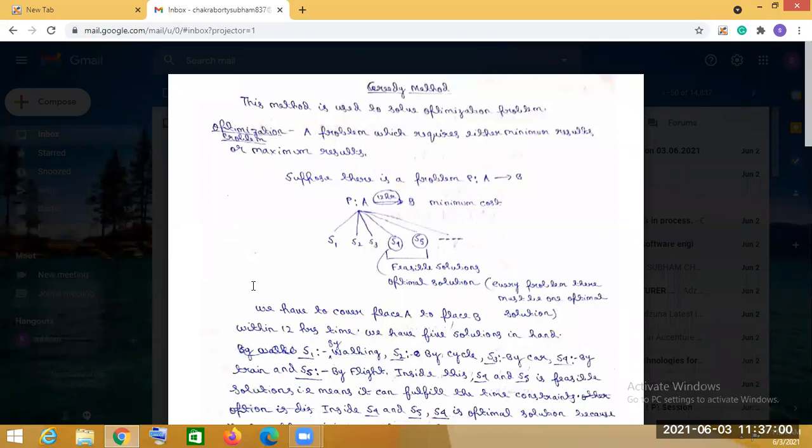So now what is an optimization problem? We will know that first. Suppose a problem is given that A is some place and B is another place.